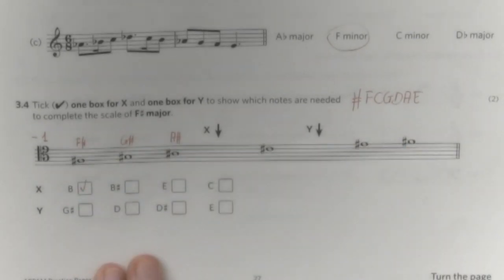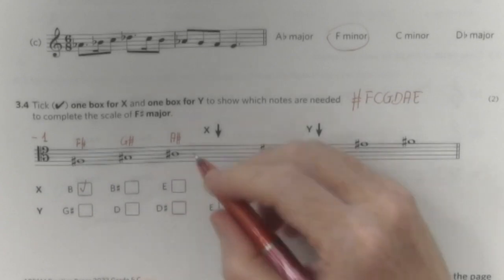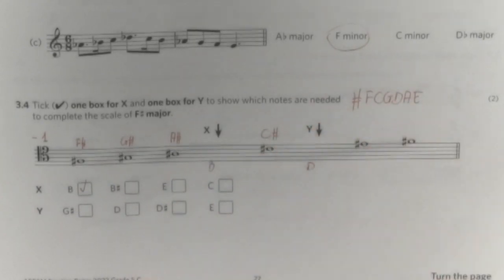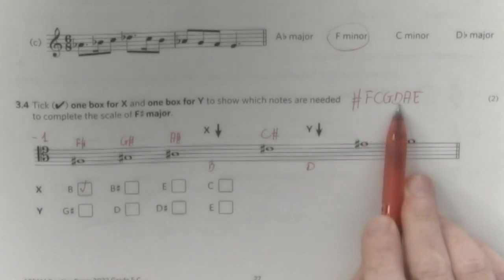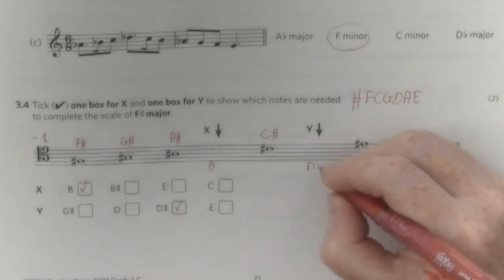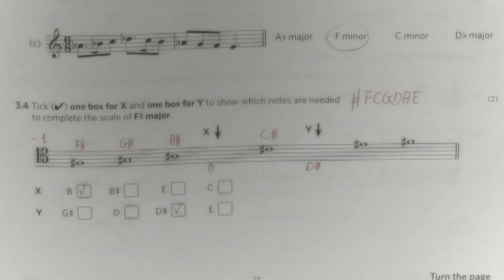So B. Fa, so la, si, okay, do, re. Is it sharp? Of course, yes. It has to be sharp. So D sharp. Perfect. There you go. Sorted.